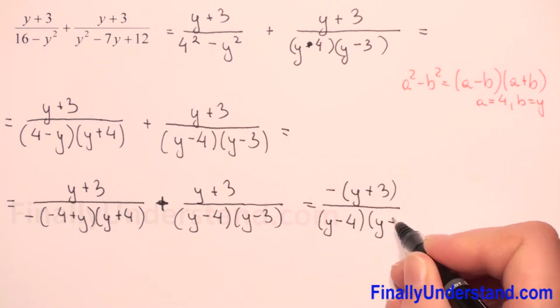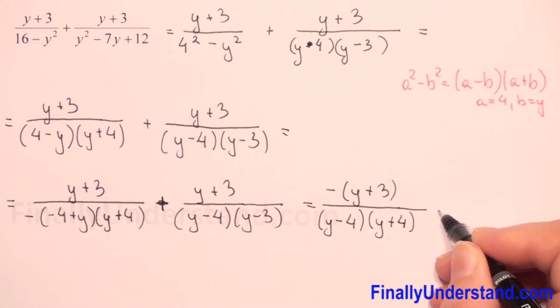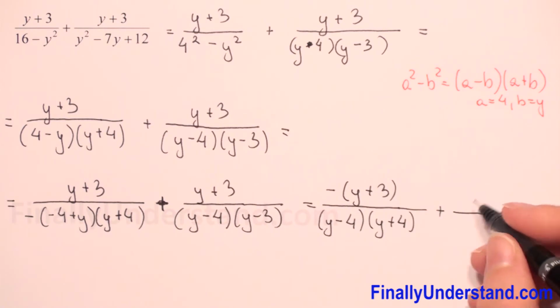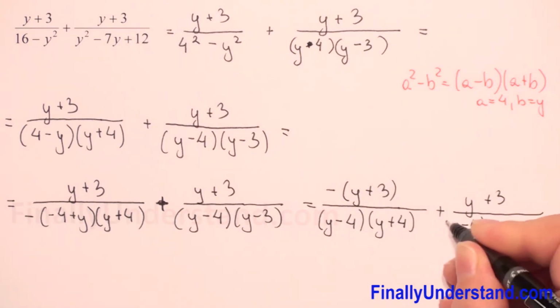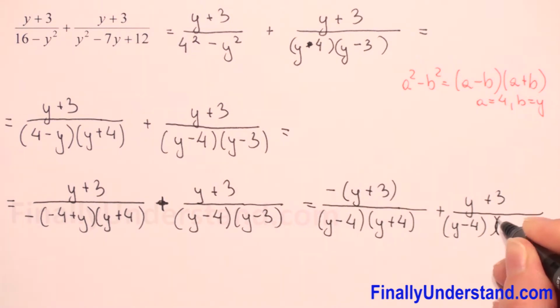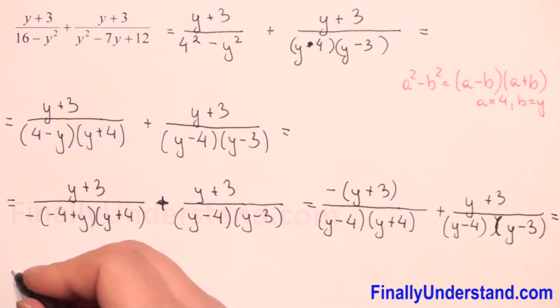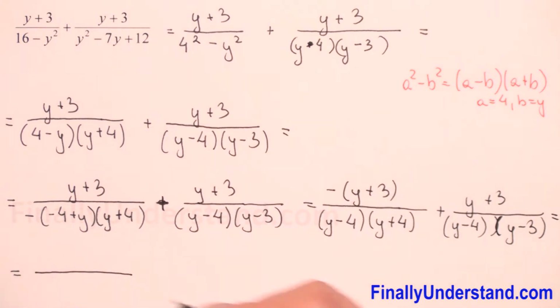We have y plus 4, and the second algebraic fraction y plus 3 over y minus 4 times, of course, parenthesis y minus 3. And now let's see what we have in the denominators. We have y minus 4 and y minus 4. So this denominator will have y minus 4 for sure.